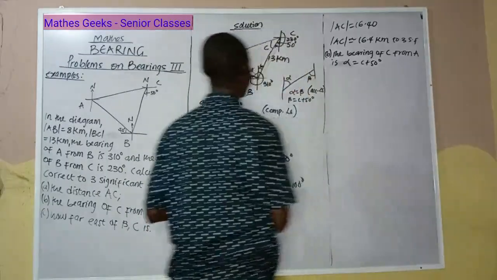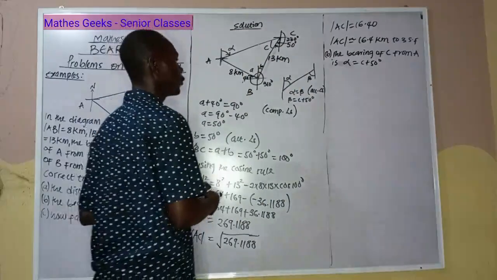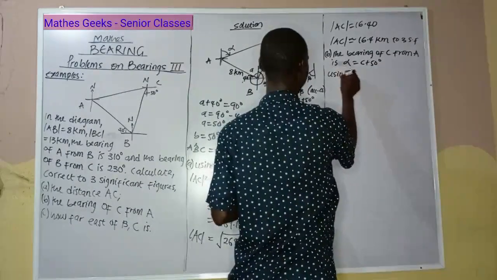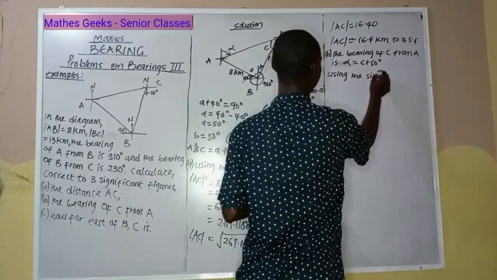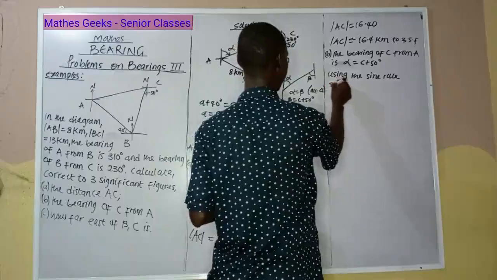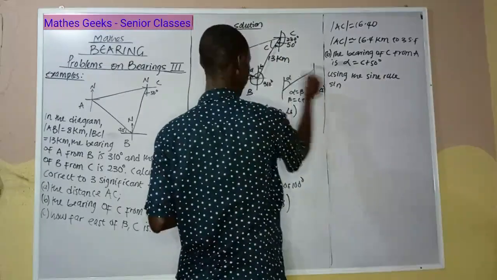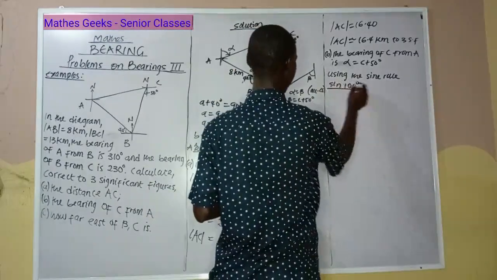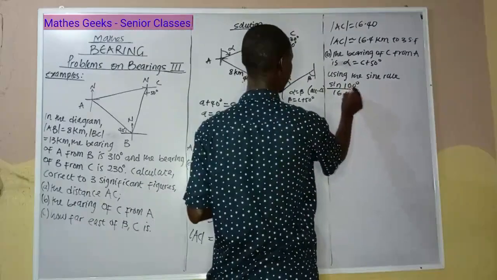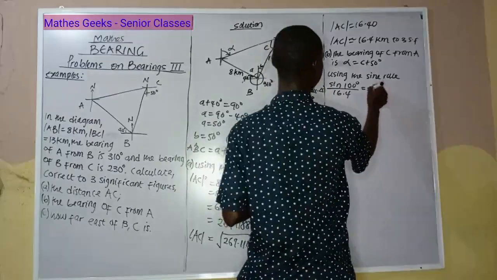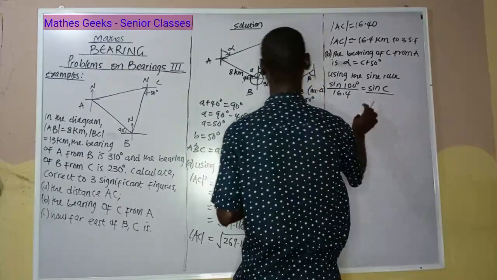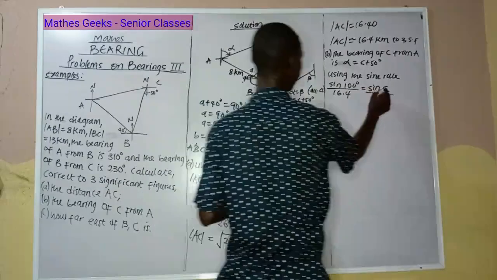So let's get C. This is where we make use of the sine rule. Using the sine rule, sine 100 degrees over AC, which is 16.4, is equal to sine C over 8.